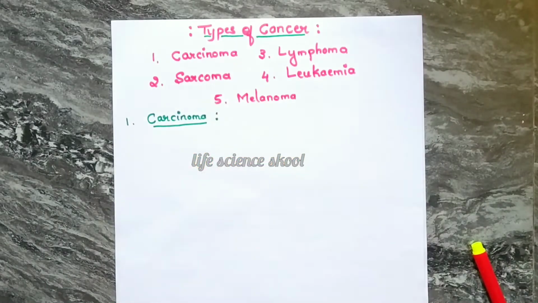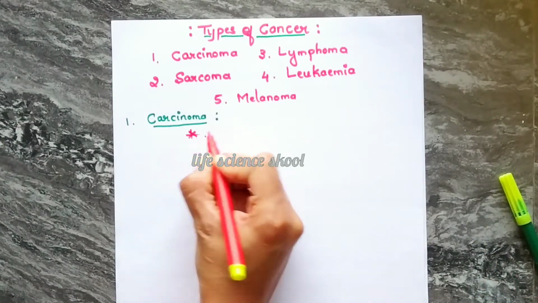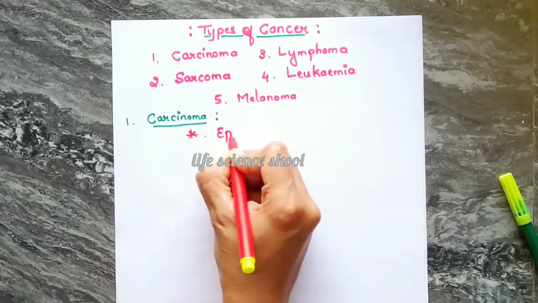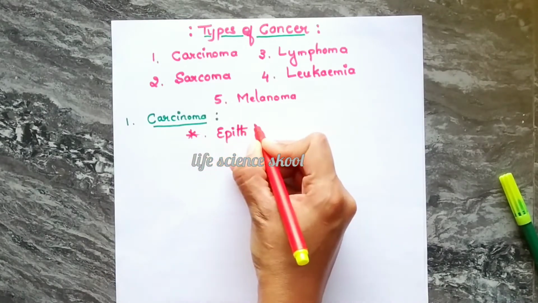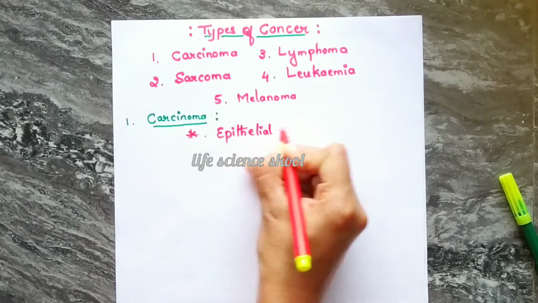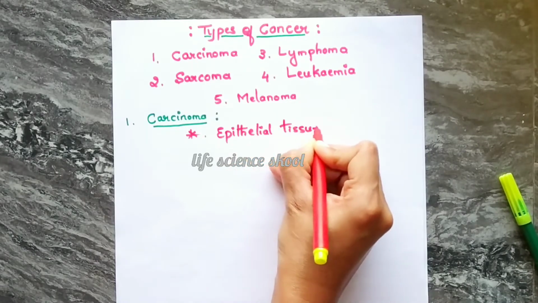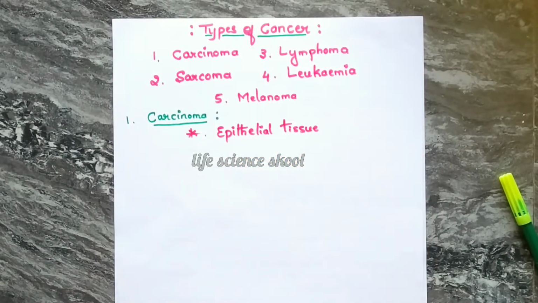So carcinoma is a type of cancer. It is the cancer of the epithelial tissue. This is the key point you have to remember. And this is going to originate from the ectoderm and the endoderm.